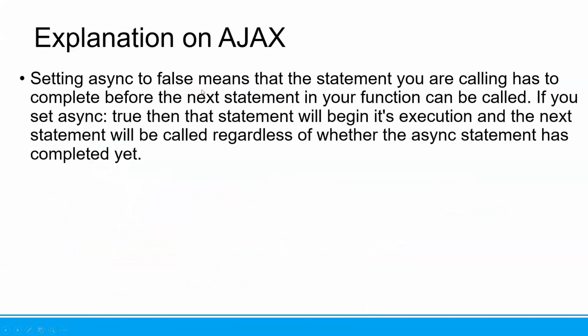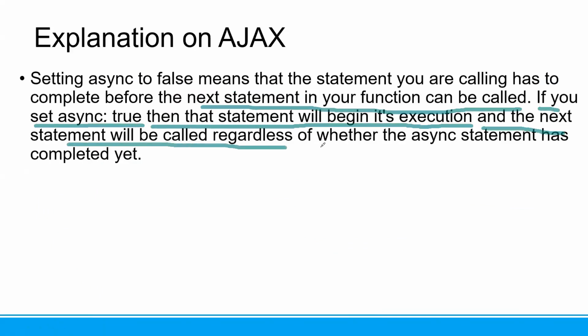Setting async to false means the statement you are calling has to complete before the next statement in your function can be called. So if you set the async equals to true, then the statement will begin its execution, and the next statement will be called regardless of whether the async statement has completed yet or not.